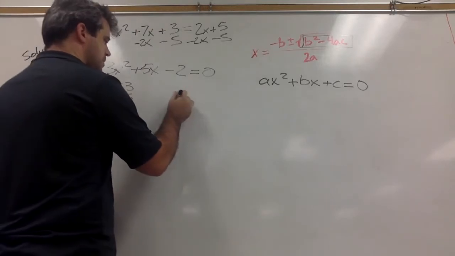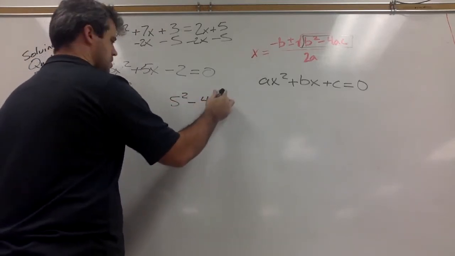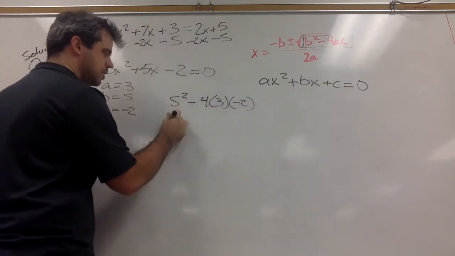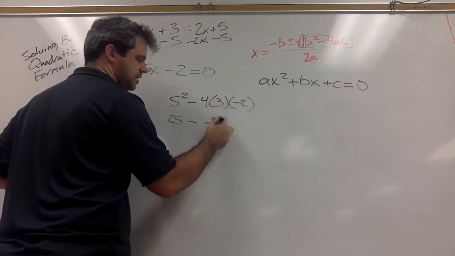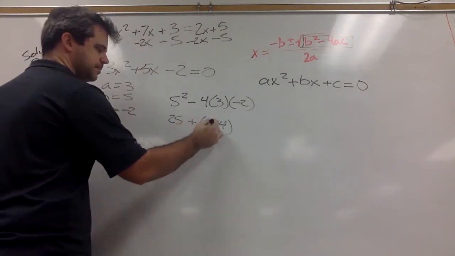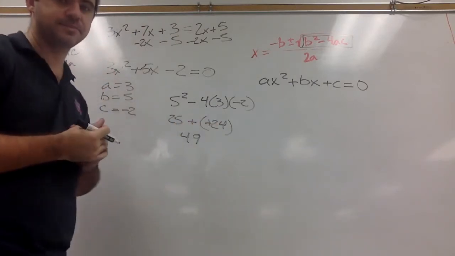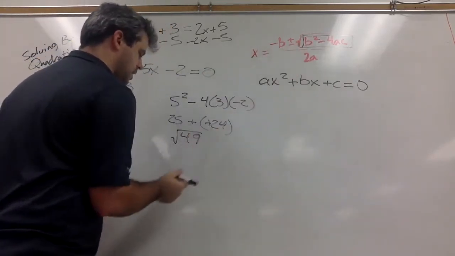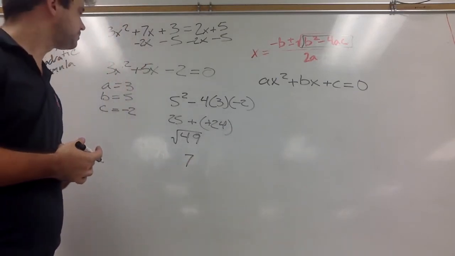So 25 minus negative 24. This winds up being 49. And we take the square root of our discriminant, and we get 7.